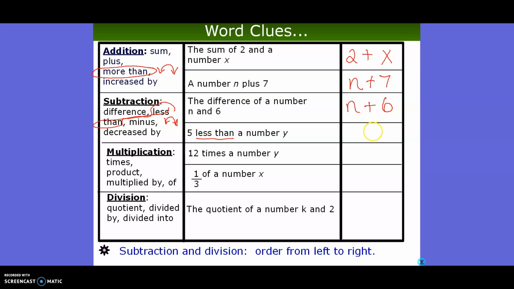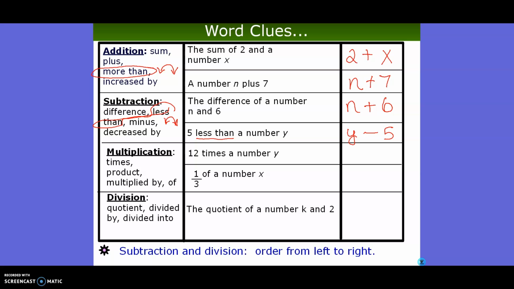Less than definitely means subtraction, but the 5 and the number y need to swap places. So the y would come first and the 5 would be after. If you were to translate this and put the 5 first, so 5 minus y, it will be marked wrong. That is incorrect. Same thing when you have more than. If you don't swap those addends, you are incorrect.